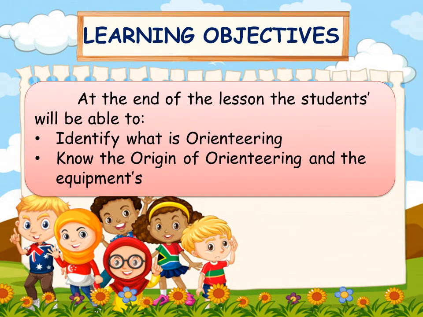Our learning objectives for this afternoon's lesson are: at the end of the lesson, the students will be able to identify what orienteering is, and know the origin of orienteering and its equipment.